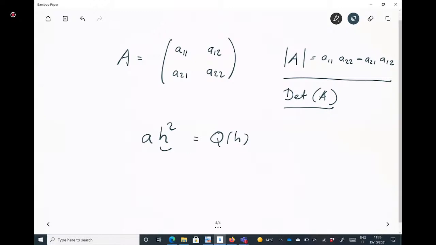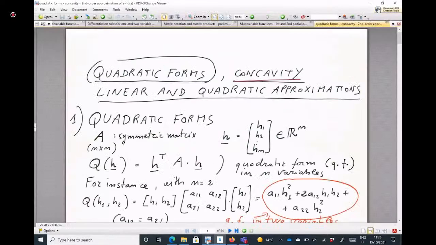It's just a quadratic term. With many variables, this is not a number, this is a matrix. So already it's not easy to see what the meaning of positive or negative is. It is a matrix, and also we don't have just one H, we have 2 or 3 or 4. So we are generalizing this result. We want properties on A, which will be a matrix, by which this will be always positive or always negative, but with many variables.